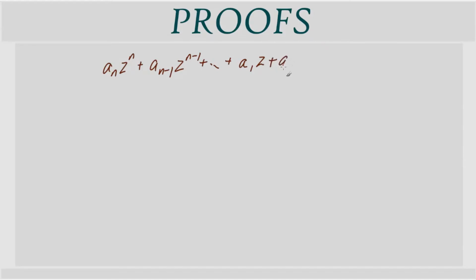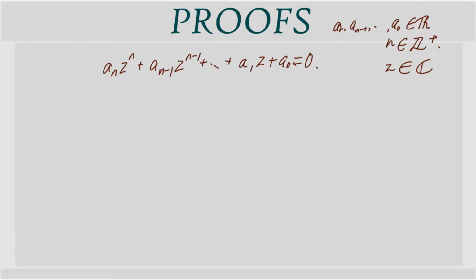All these coefficients in the polynomial equation, a_{n-1} all the way until a_0, they're all real numbers, right? Where n is a positive integer. And all these z values, they could be real or they could be complex, but they're all elements of the complex realm because real is a subset of complex.